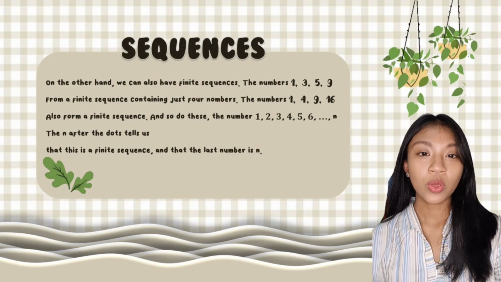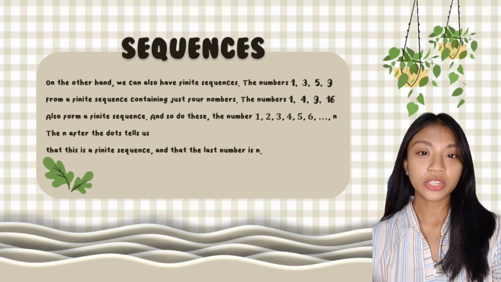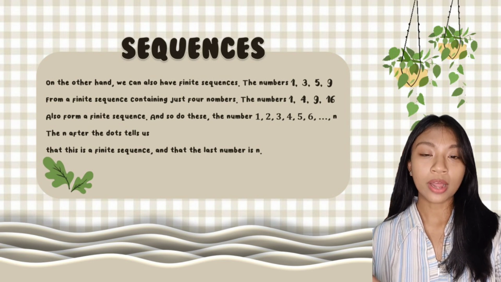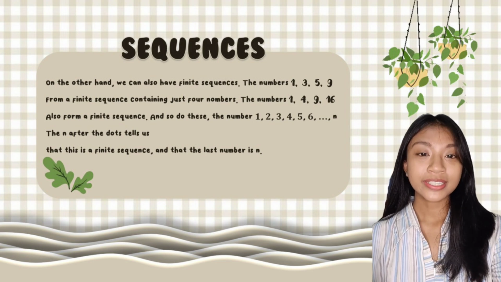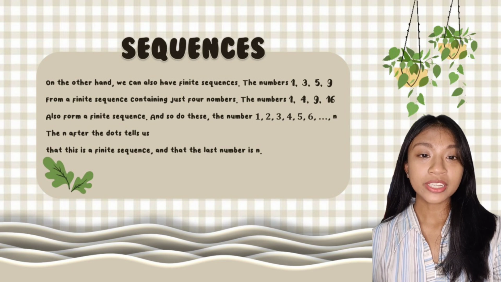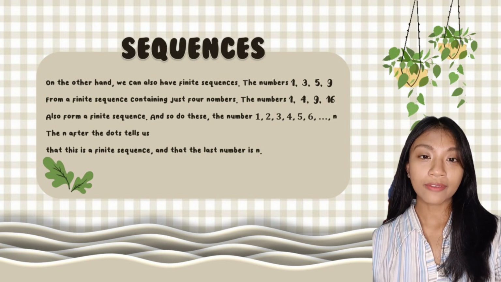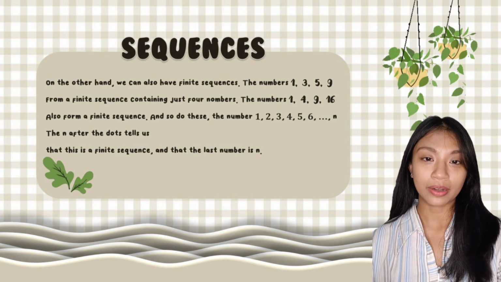On the other hand, we can also have a finite sequence, the numbers 1, 3, 5, 9. This is a finite sequence containing just 4 numbers. The numbers 1, 4, 9, 16 also form a finite sequence, and so do the numbers 1, 2, 3, 4, 5, 6, and so forth to n.